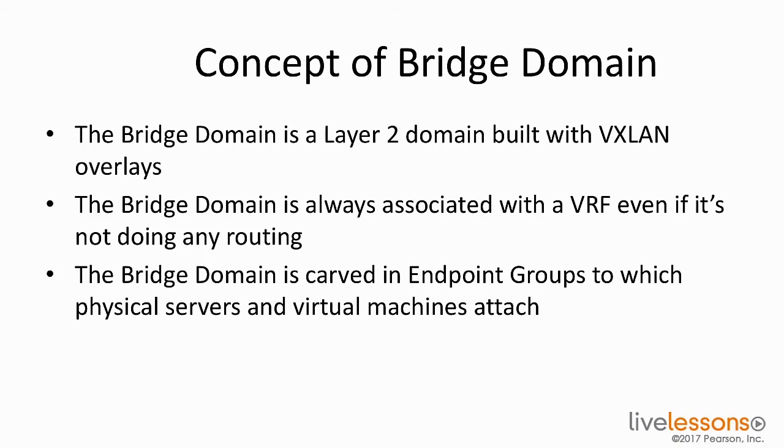And then I can create another bridge domain that's 2.2.2.0, and that's VLAN 20. And I create a group called VLAN 20, and I associate it with that bridge domain. And then I create a contract that controls how VLAN 10 can talk to VLAN 20.